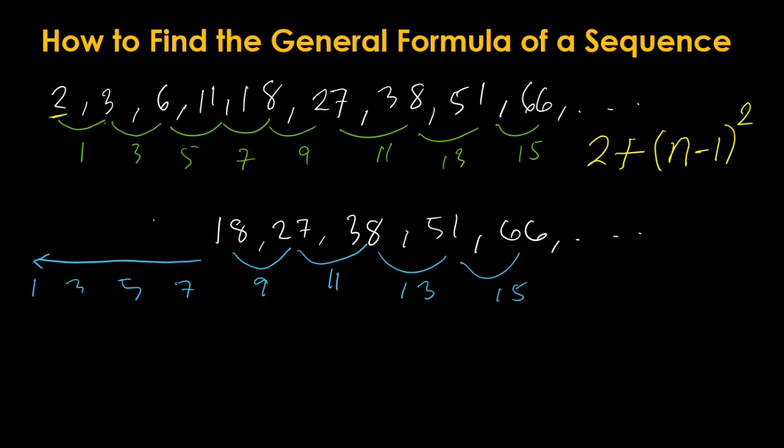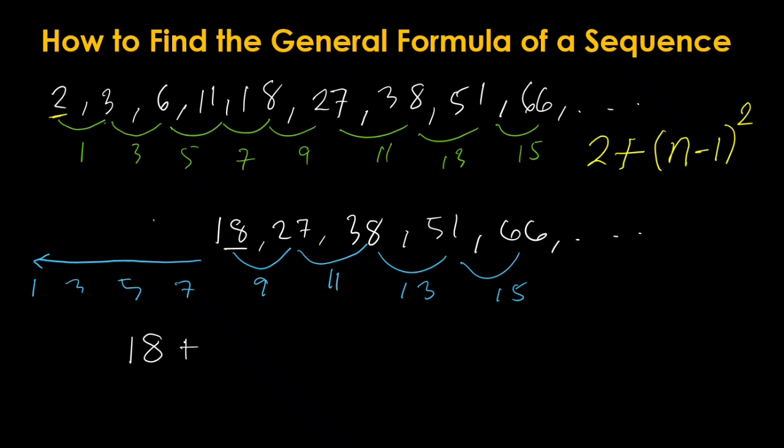But we still have to consider this, and the idea is if we want to use the first term of our sequence, which is 18, then we need to do something else. If we take all the formula of (n minus 1) squared up to here, then we're considering all of this and all of the cumulative sum. So what we're going to do is we subtract this sum here.